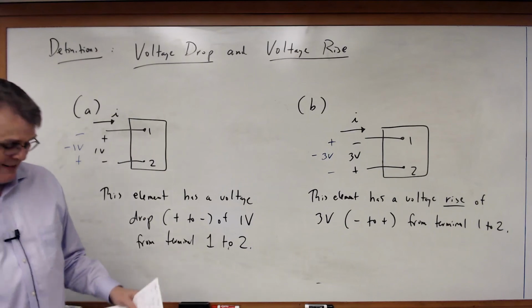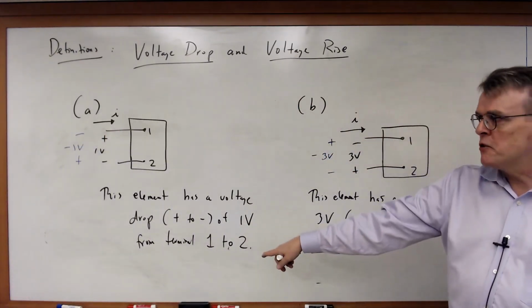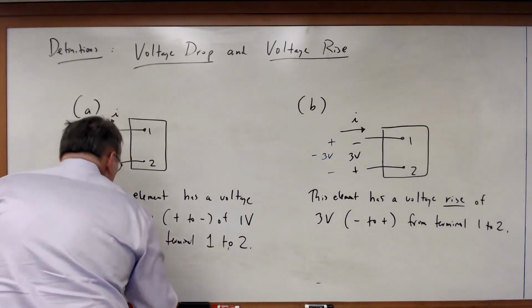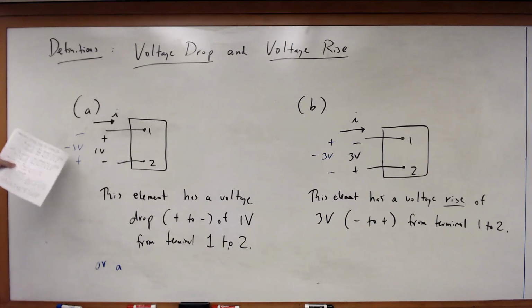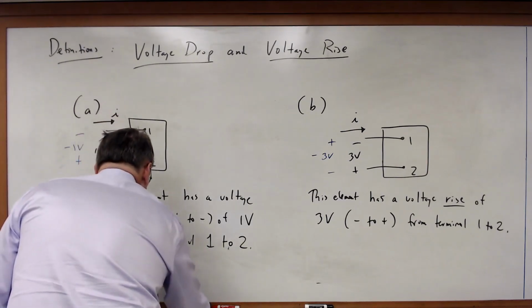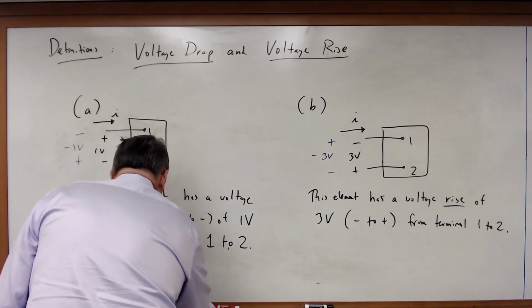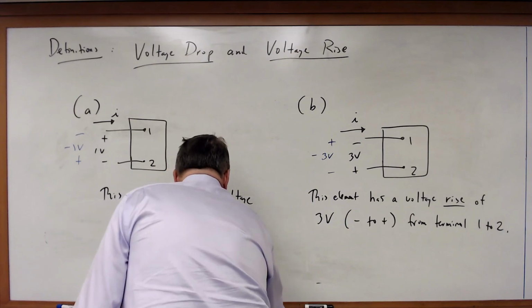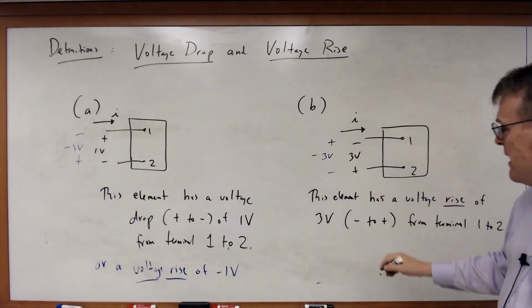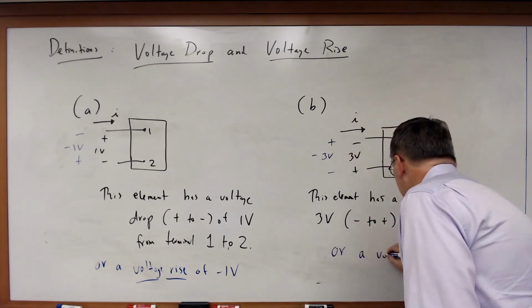And if I do that, I can now flip this definition around. I can now say it has a voltage rise of minus 1 volt. Over here I can say now it's positive to negative, or it has a voltage drop of minus 3 volts.